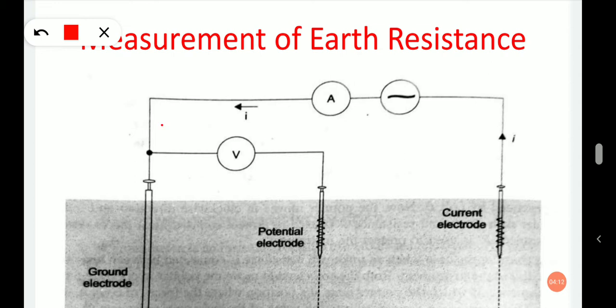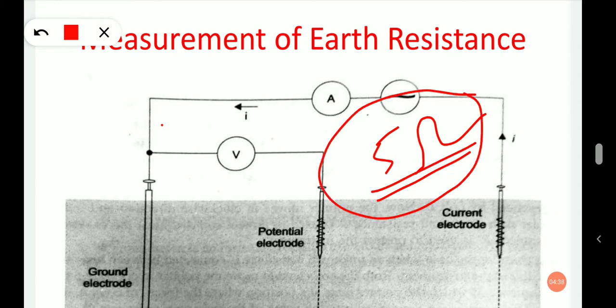This is achieved by measuring resistance of the electrode since it is difficult to measure the current carried by it. The typical value of ground resistance is set up to 5 ohm.